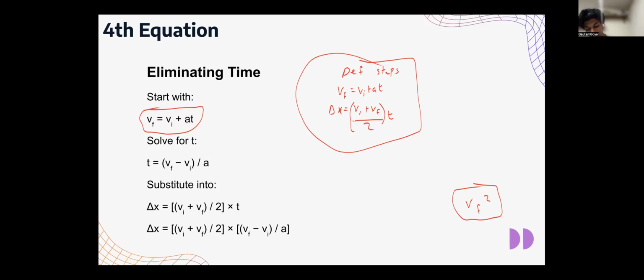We don't need t, so we're going to take out t. Our first step is v_f minus v_i over a equals t, because you subtract v_i, and then this just equals at, and to get t alone, you divide each side by a. This makes sense, correct?